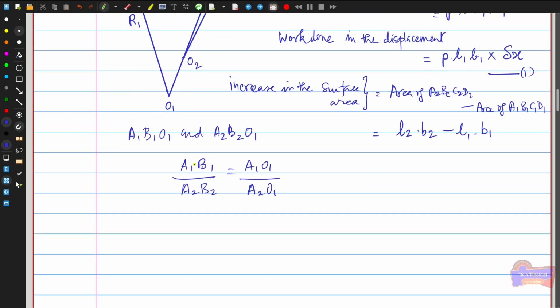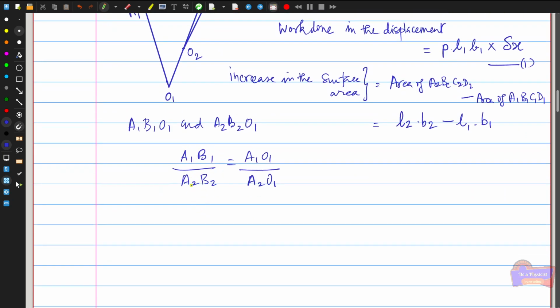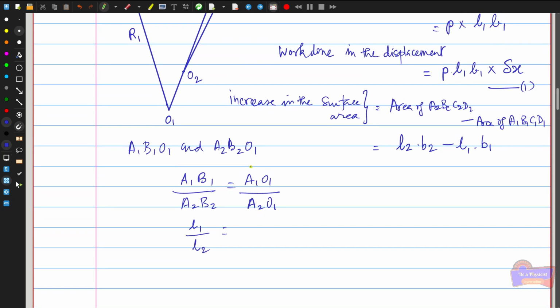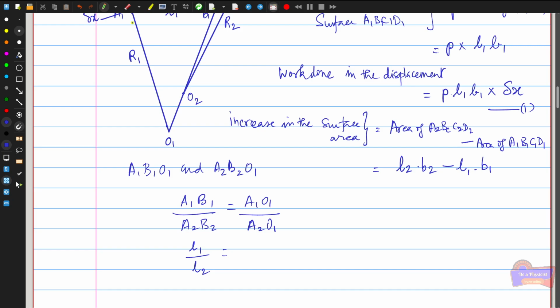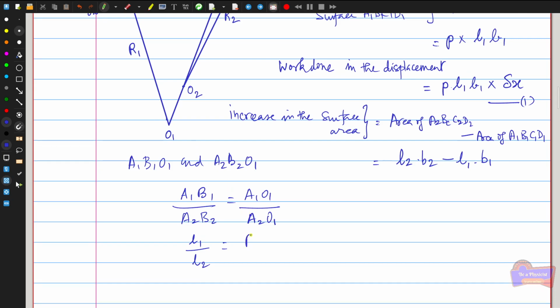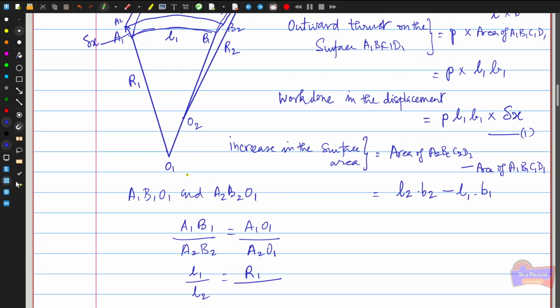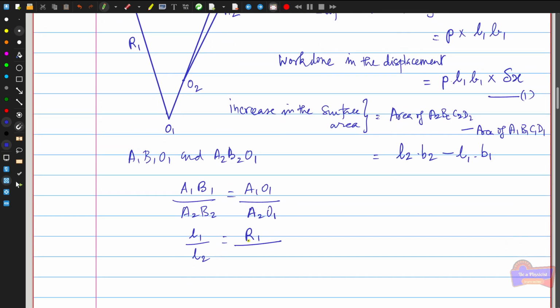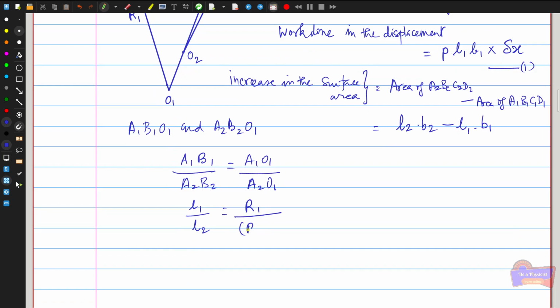I write A1B1 as L1 and A2B2 as L2, which is equal to A1O1, the radius of curvature R1, divided by A2O1, which is R1 plus delta x.